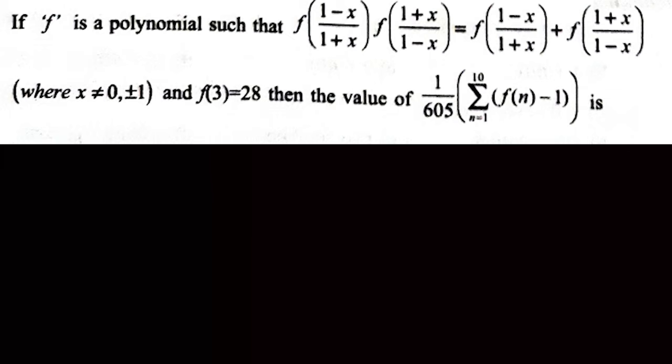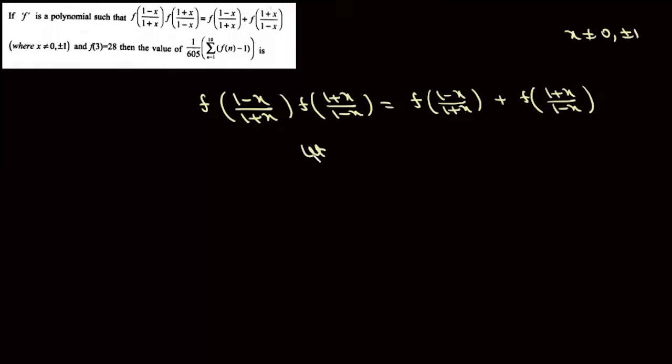Now here the question is, we are given a polynomial such that f((1-x)/(1+x)) into f((1+x)/(1-x)) is equal to f((1-x)/(1+x)) plus f((1+x)/(1-x)), where x cannot take the values 0 and plus minus 1. Now this is another form of this standard equation.